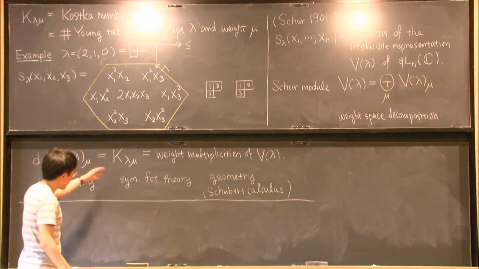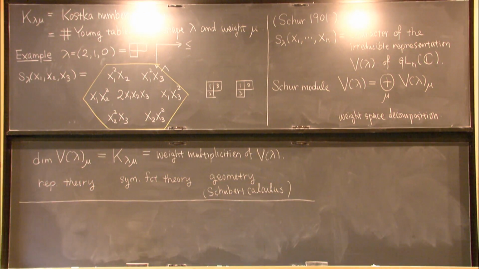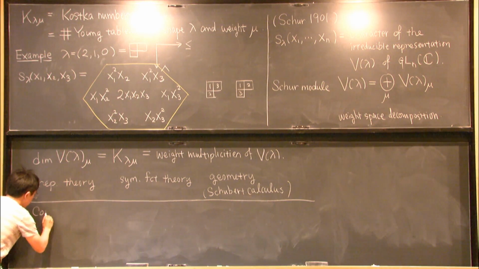Okay, so I'll skip most of the interesting things that happened since then, but focus on one particular aspect of this polynomial, S lambda. We call it convexity properties.